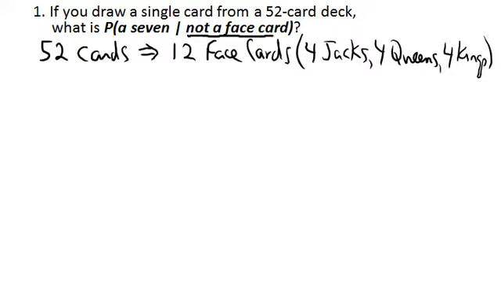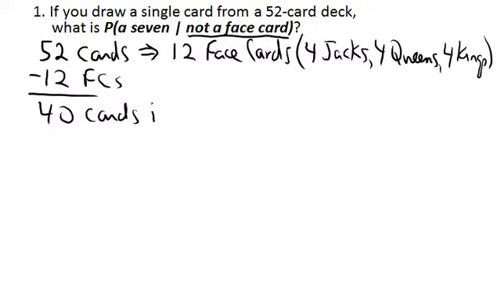If we know that the card we drew was not a face card, then we can take those 12 face cards out of the sample space. So there are 40 cards in what I usually call our reduced sample space. It's reduced by what we're given.